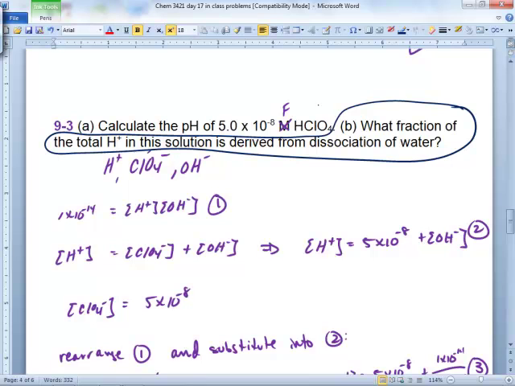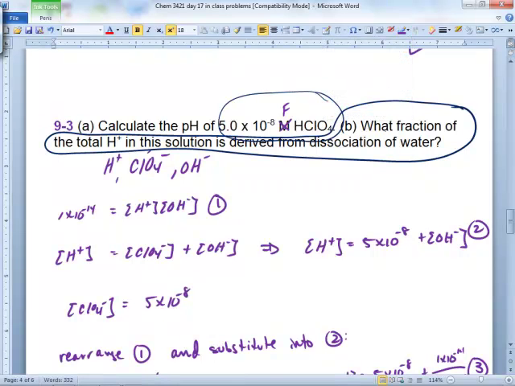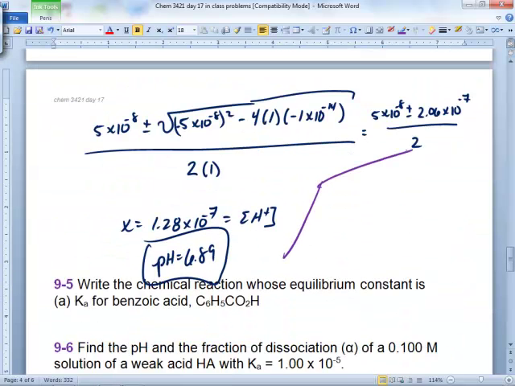It's the same thing we talked about a little bit earlier. Let's set it up. This might help. The fraction from dissociation of water.